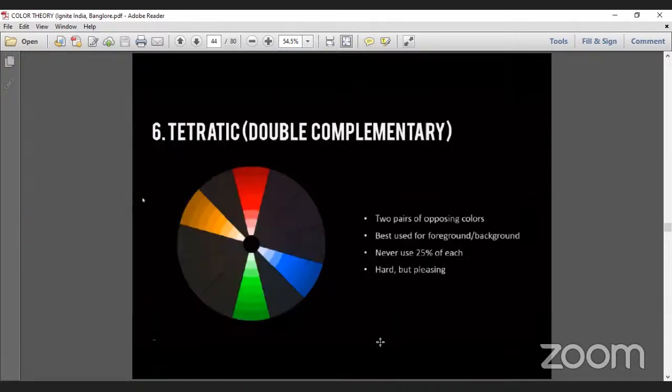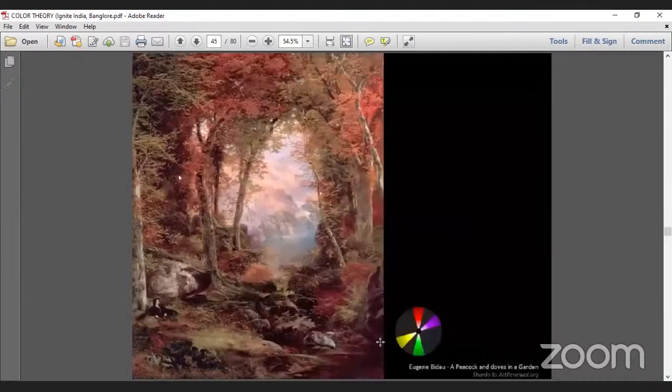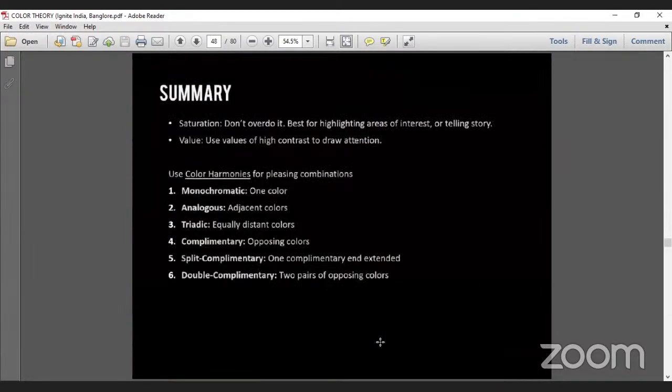Now we have something known as the tetradic or the double complementary color scheme. Two pairs of opposing colors. Okay, not required. Don't go through this. I'll just move on from here. The summary of all these things: saturation, do not overdo it. Best for highlighting areas of interest or telling a story. Other than that, use color harmonies for pleasing combinations.